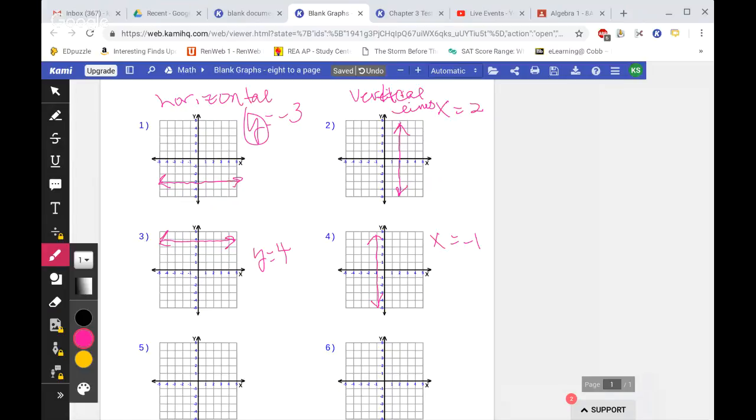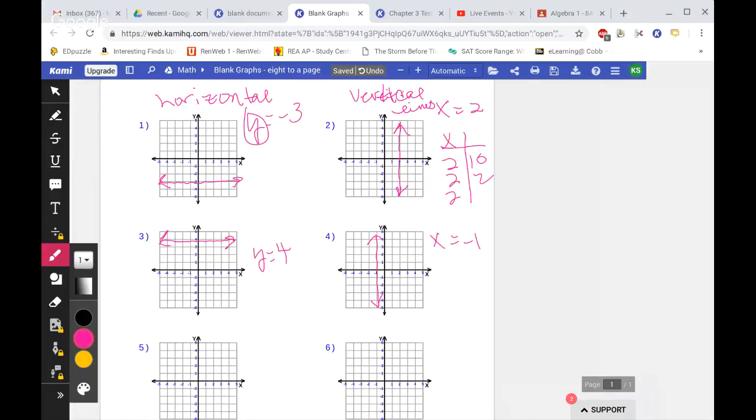Y'all, that's the only thing. I don't need to see any work, or you don't have to do an X and Y table. It's just something that you need to know. You just need to know that it's a vertical line, x equals 2. You could show it to me if you wanted, but basically what you're saying is that y can be anything.